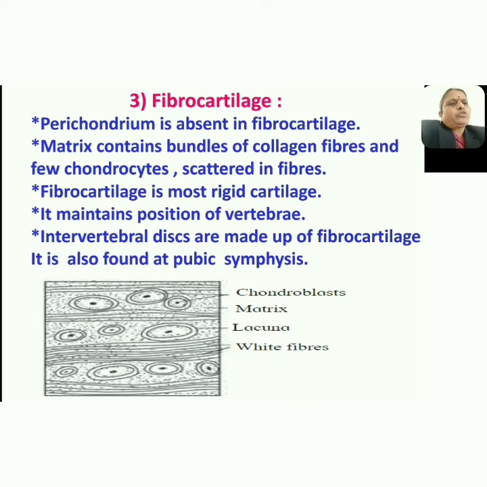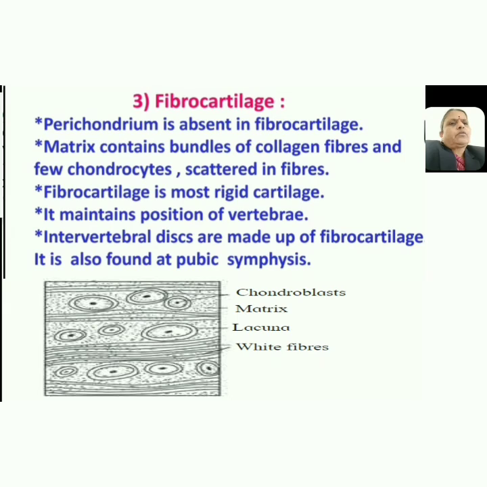It maintains the position of the vertebrae. Intervertebral discs are made up of fibrocartilage. It is also found at the pubic symphysis. See here in the diagram, the matrix contains lacunae which contain chondroblasts, white fibers.